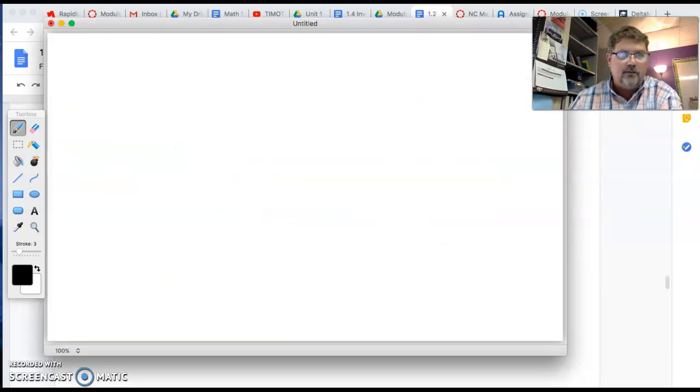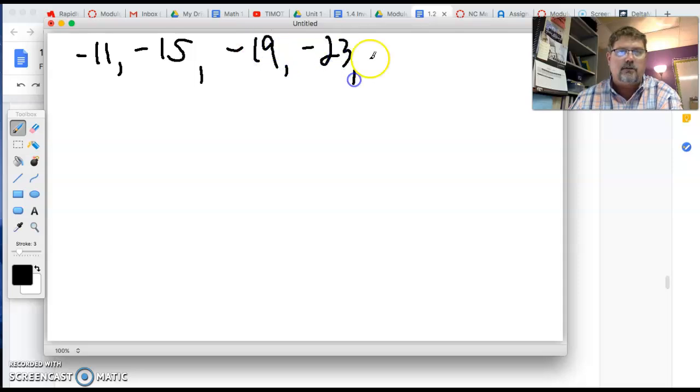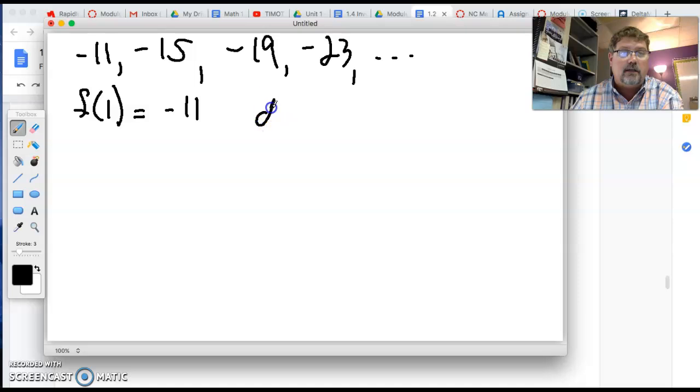So now we've got negative 11, negative 15, negative 19, negative 23. We need the nth term formula. So we're going to write, well, we need to find some things first, don't we? F of 1 is your first term. It's negative 11. You need to calculate D, common difference.